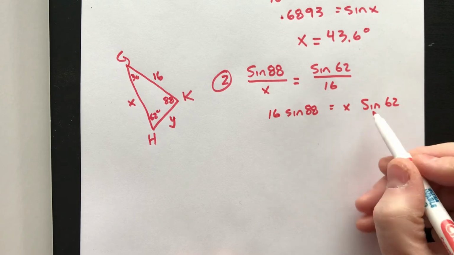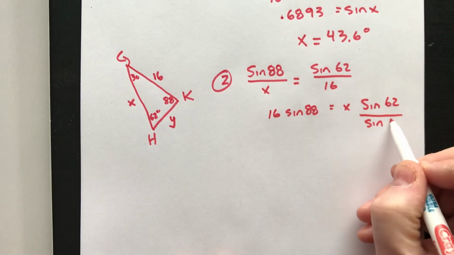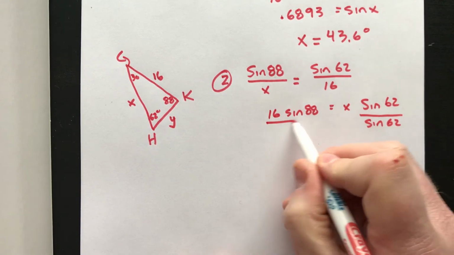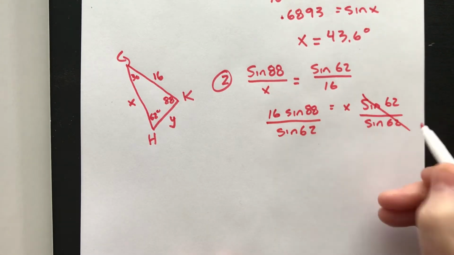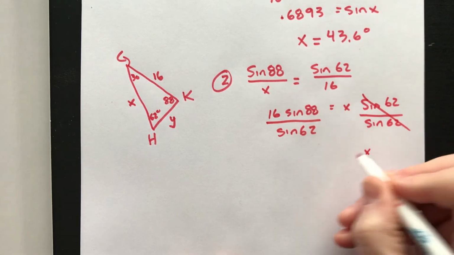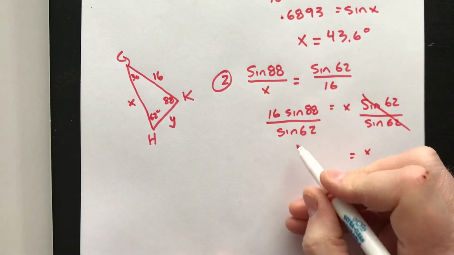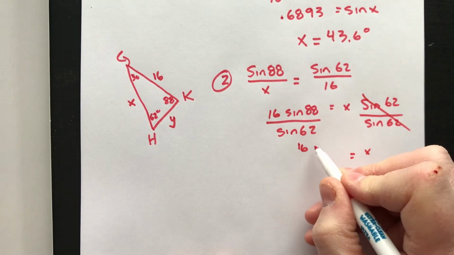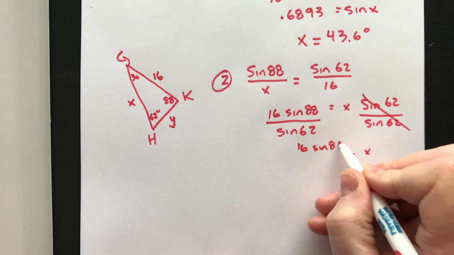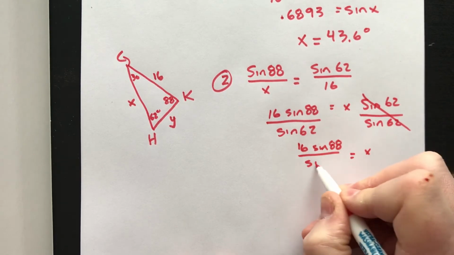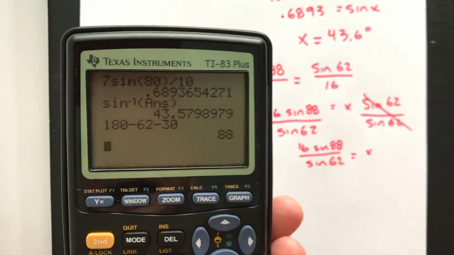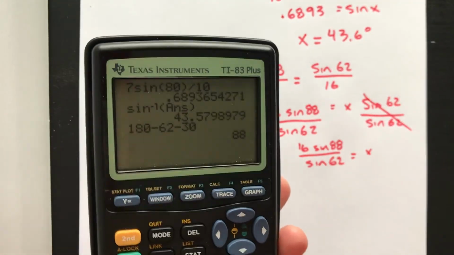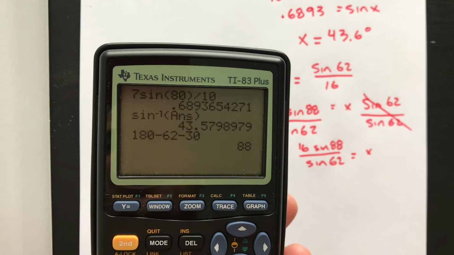And to isolate that x, I'm going to divide by the sine of 62 on both sides. There we go. So this cancels. So now we have x is equal to 16 sine of 88 divided by the sine of 62. And because we have all of the angles, all right, we don't use inverse.